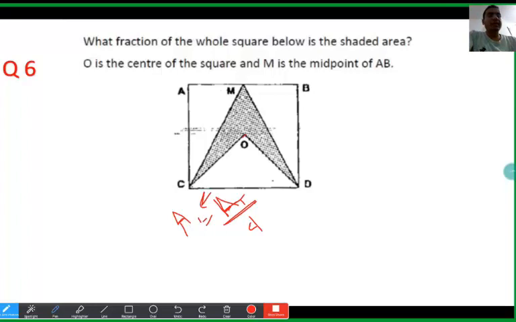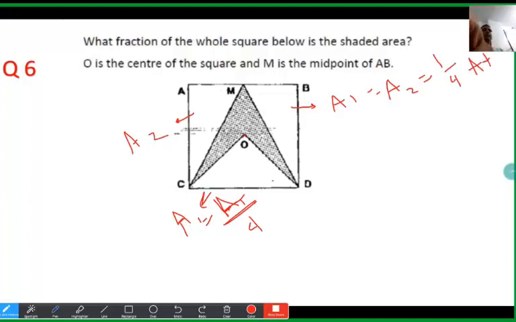And hence M is the midpoint of AB. That means A1 equals A2 equals a fourth of A total.